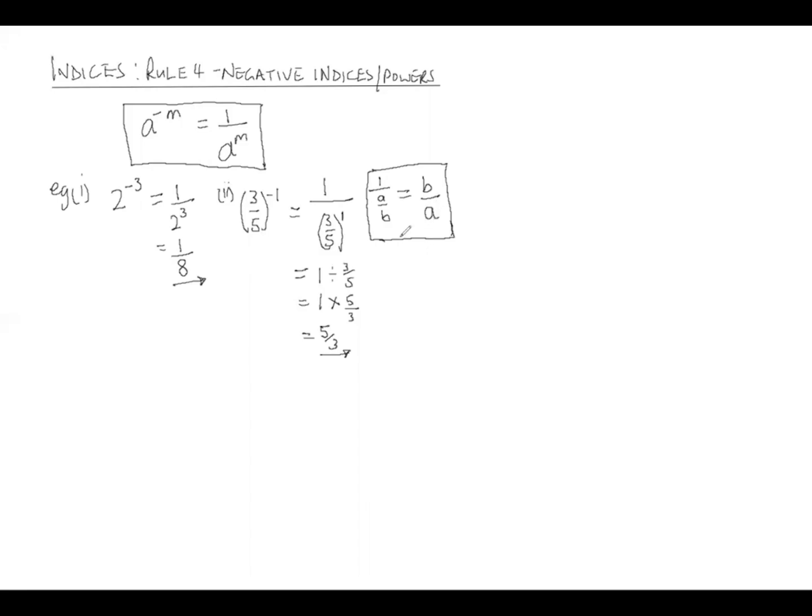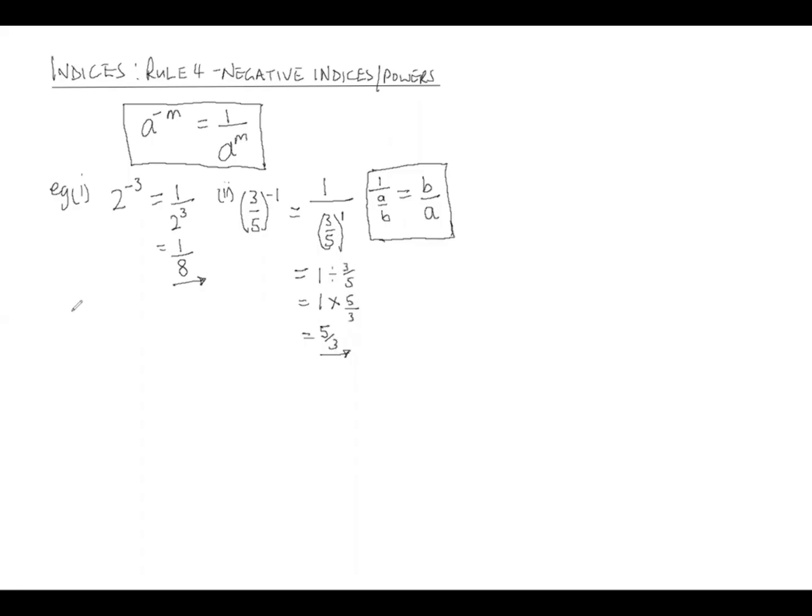So you don't need to go all the way down the long way. So 1 over 3 over 5, you can simply jump to the bottom here so that it becomes 5 over 3 without going through all these steps. But it's necessary for you to know that it is through these steps that we get to our answer there.